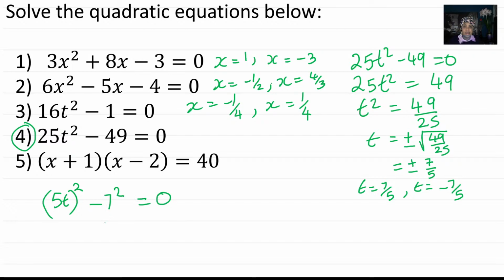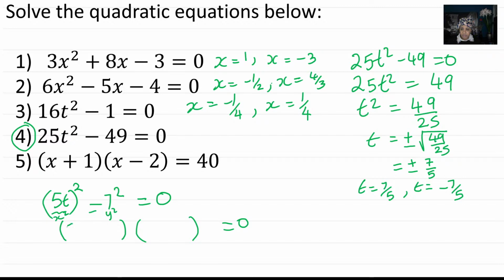Now we can see that is the difference of two squares. Okay, so we do one bracket, close it, second bracket, close it, equal to 0 on this side. So imagine that's your x squared, and imagine that's your y squared.